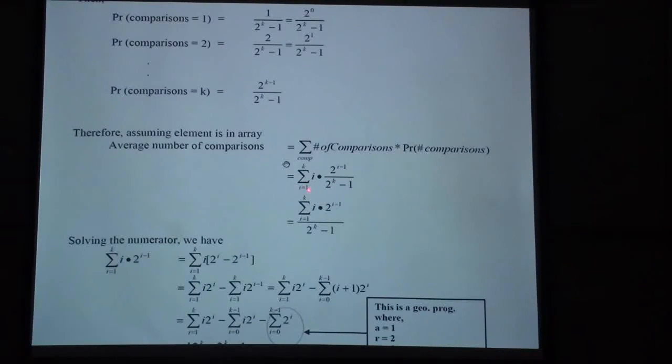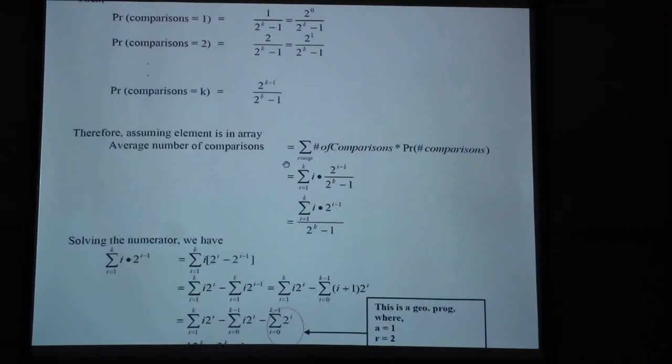When I is equal to 3, 4 over n. So this is the number of comparisons with this probability, or when I is equal to 3 times this probability. You get the idea? So what we need to do is solve this summation.